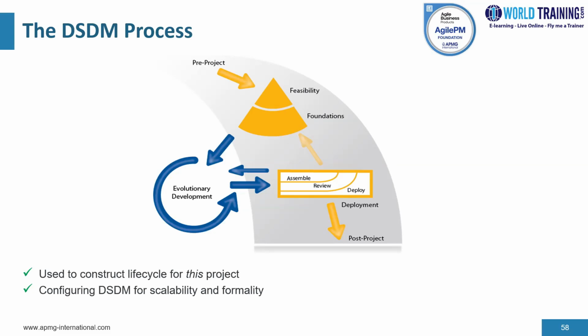When you look into the first phase of the process model, that's the pre-project phase. The pre-project phase ensures that only the right projects are started and that they are set up correctly based on clearly defined objectives. Moving on, the next phase is the feasibility phase.